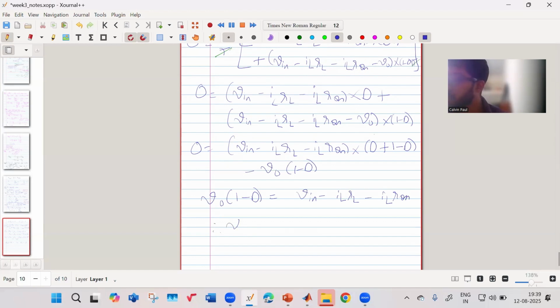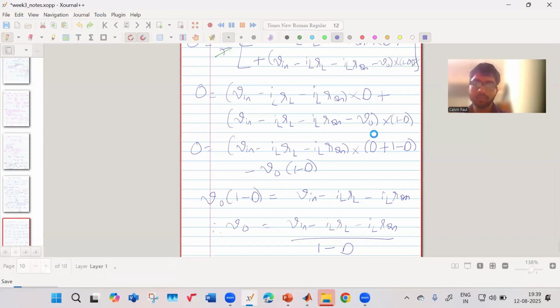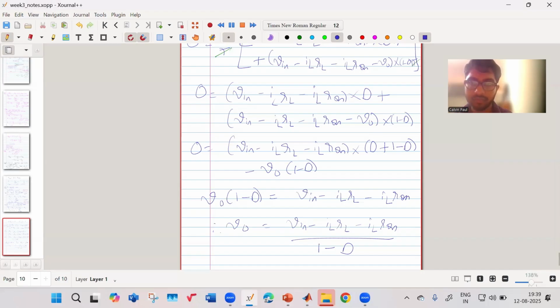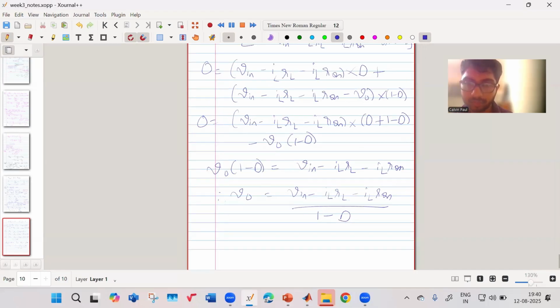That's why V output is equal to (Vin minus IL RL minus IL R-on) upon (1 minus D). Any queries in this?